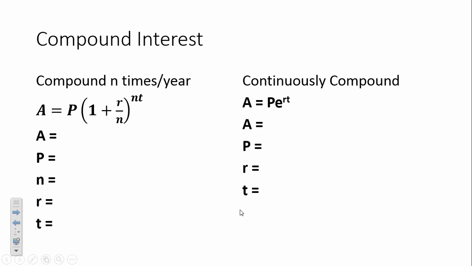Okay, so we're going to talk about compounding interest n times per year. The formula for that is A equals P times the quantity 1 plus r over n, all to the nt power. A is the amount you're earning, your final amount.